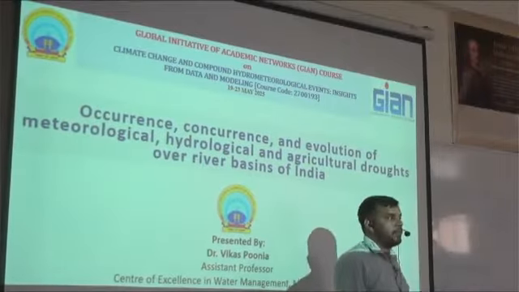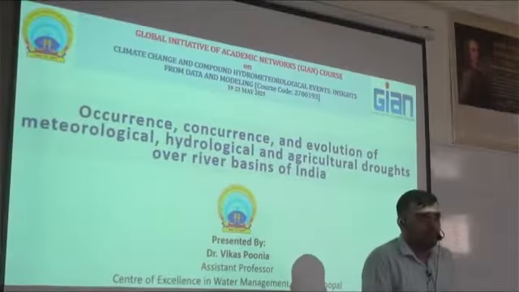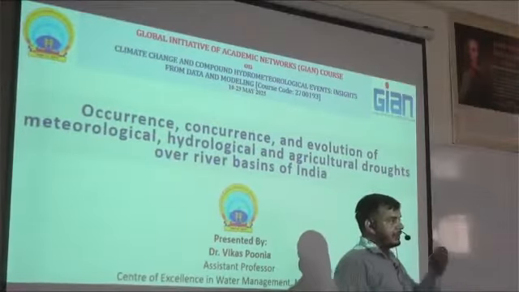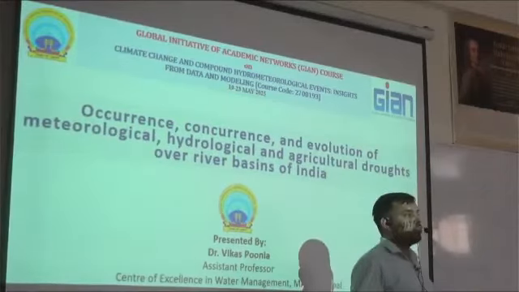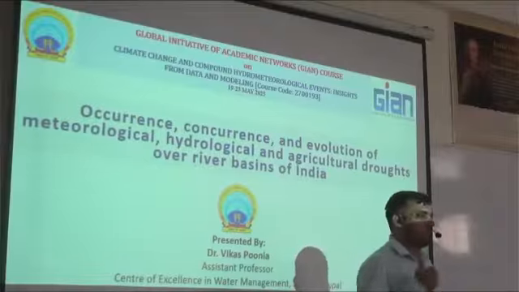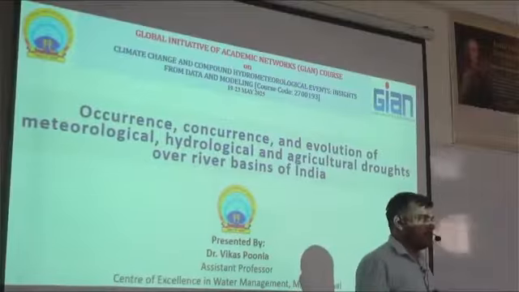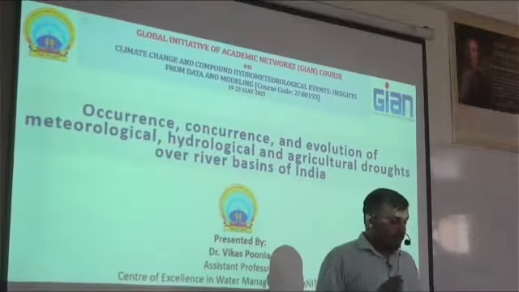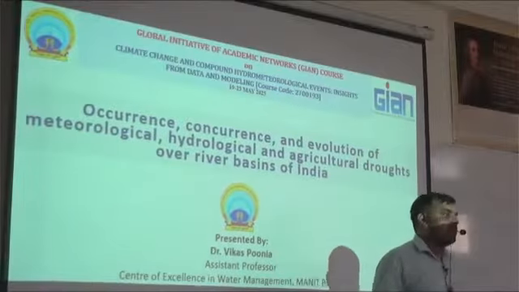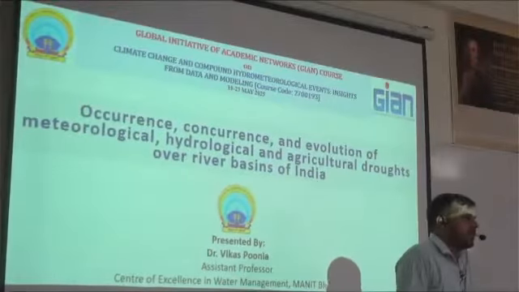Repetition. Two or more events occurring together. For example, here the concurrence means 2 or more than 2 types of drought, not the same drought type. In this study, concurrence means if meteorological drought is occurring with hydrological drought, that is the concurrence part.